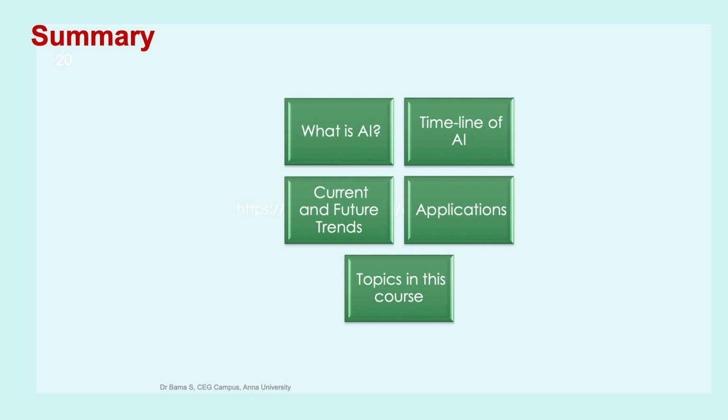Then we looked at the history of AI from 1950 onwards till 2020, along with current and future trends, the future trends being ethics and explainable AI, and along with that we saw a number of applications, the current trends, and the topics that we are going to cover as part of this course.